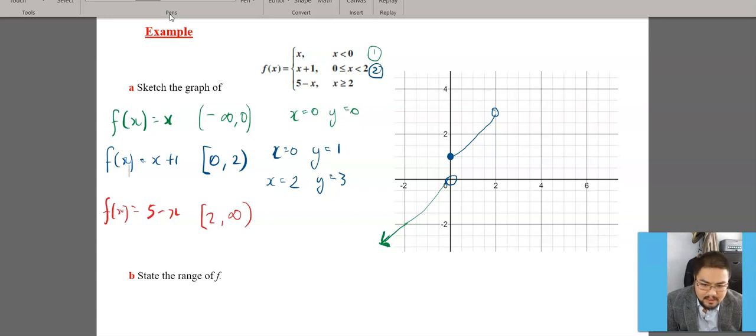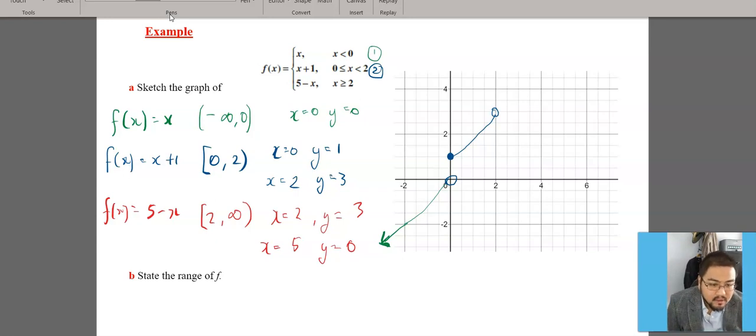So at x equals 2, we get y equals 3. And let's just choose another random point, because we need to know where we're going to connect it to. At x equals 5, y equals 0.